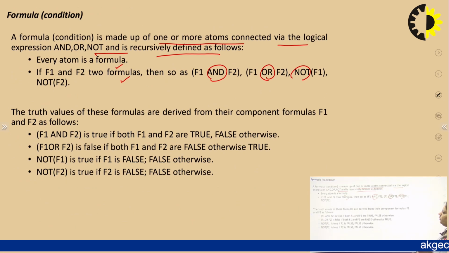The truth values of these components can be derived as: if F1 and F2 both are true, then it is true, otherwise false. If F1 or F2 is false, then the AND of F1 and F2 is false, otherwise true. Not F1 is true if F1 is false and false otherwise. Not F2 is true if F2 is false, otherwise it is false.